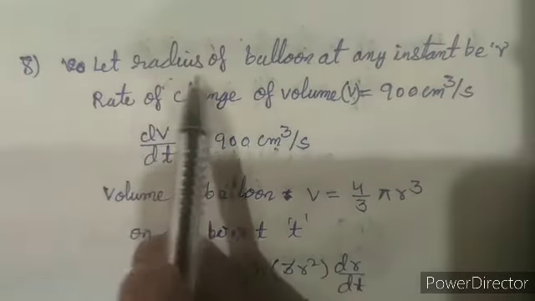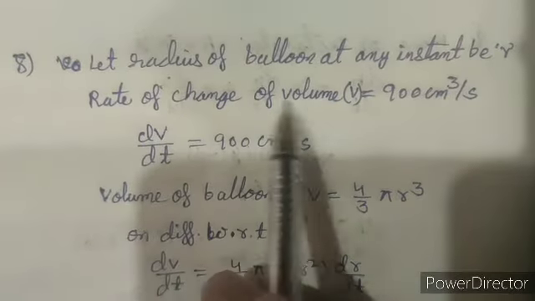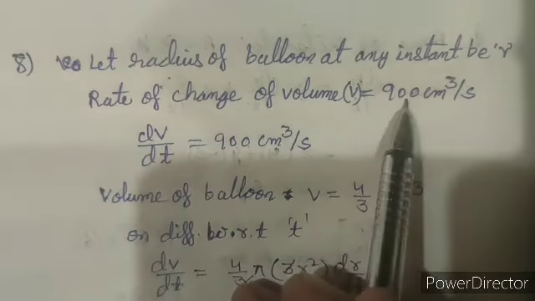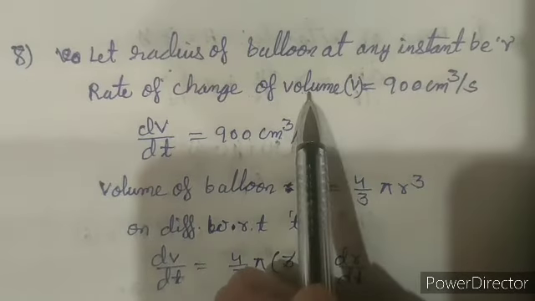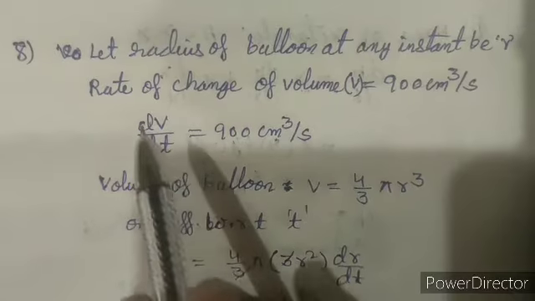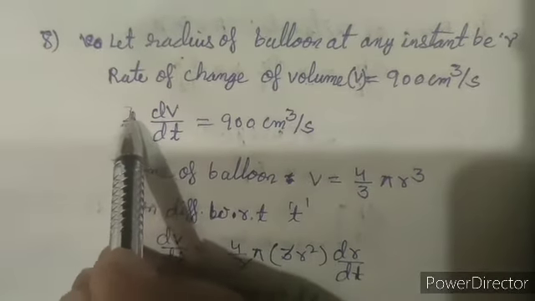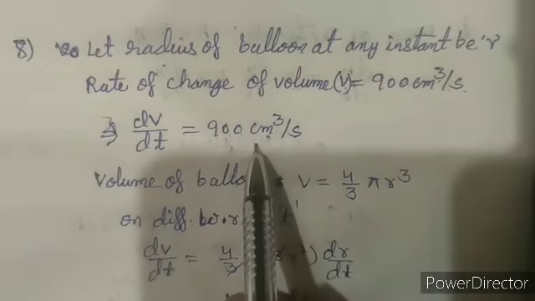Now let the radius of the balloon at any instant be r. I have taken the volume as V, so dV by dt will be equal to 900 centimeter cube per second.